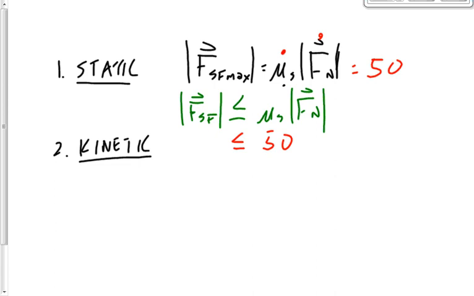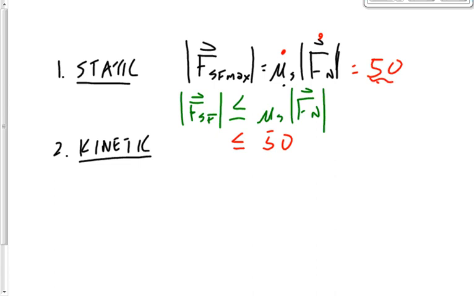What's the value of static friction? 49. That's less than or equal to 50. If I push on it with 51, what's the value of static friction now when I push on John's desk with 51 newtons? 0, because now we've got kinetic friction, right? So static friction is however big it needs to be to keep an object from beginning to move, however hard I push, until I exceed the maximum possible value.